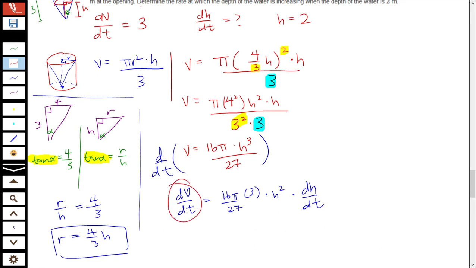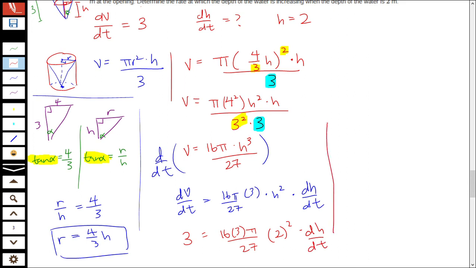So my dV over dt is positive 3. Let's copy this down. So 16 times 3 pi over 27, and my h is 2. And dH over dt is what I'm looking for. Now let's put this to the other side by dividing. So we got 3, and we got 27 at the bottom.